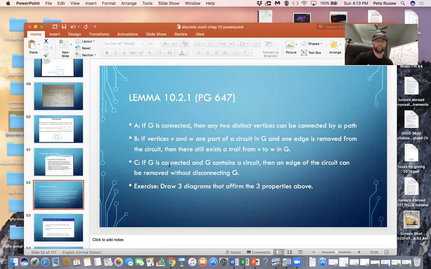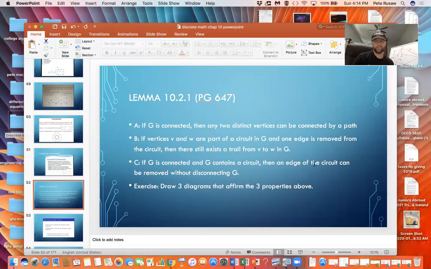And then C, if a graph G is connected and that graph contains a circuit, then an edge of the circuit can be removed without disconnecting G. So if there's a circuit in the whole graph, you can still take out an edge of that circuit and the entire graph remains connected because the circuit provides some sort of redundancy that you don't necessarily need to get everywhere, although it might have been that you took out something that made the movement more efficient.